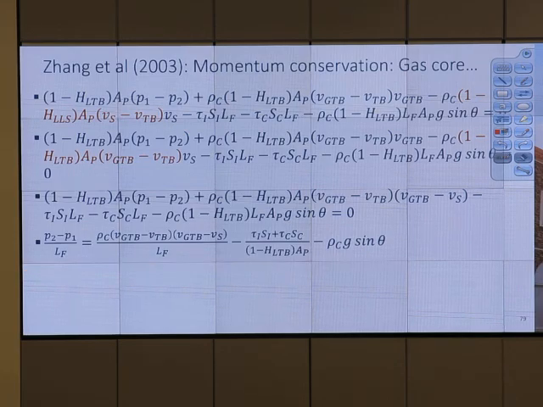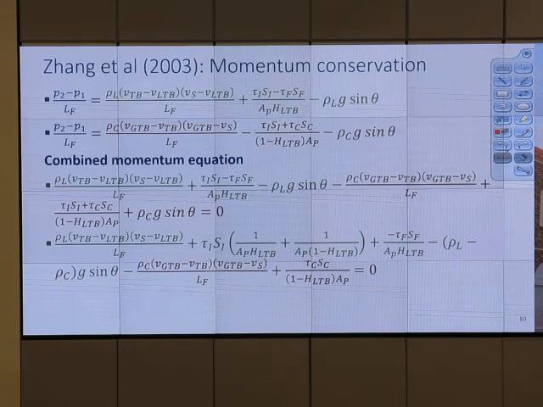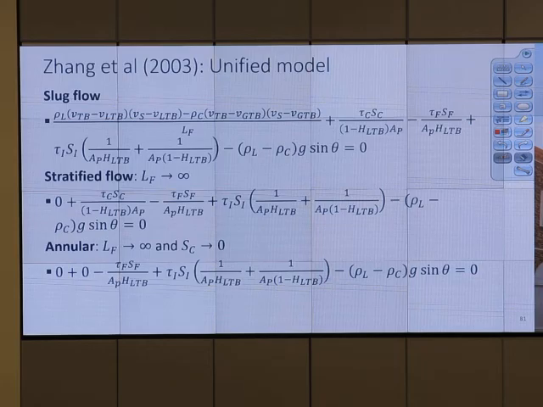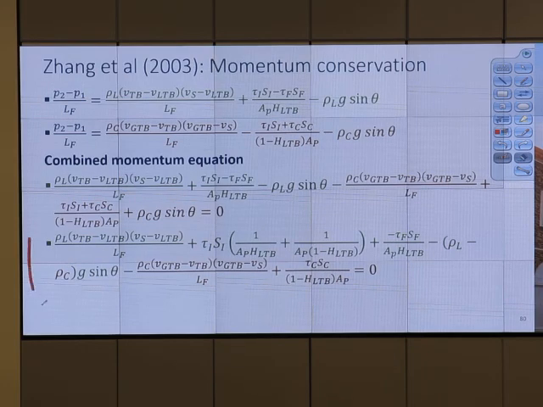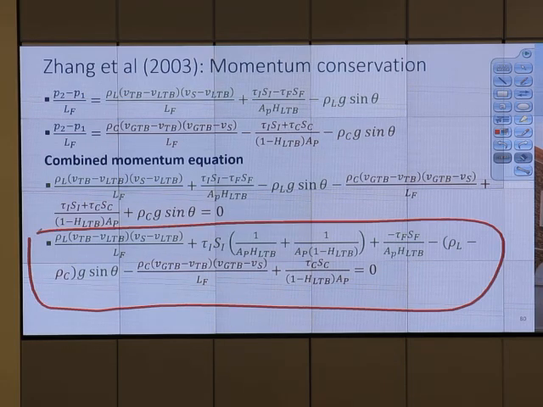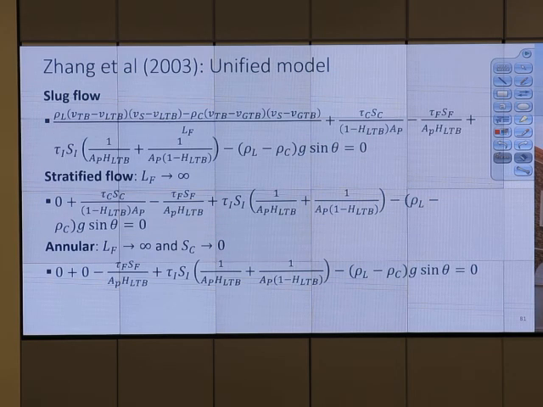Now same trick for the combined momentum equation. We try to eliminate that term, dP/dz. So this minus this makes those two cancel, and rearrange it. We get this equation. That's the combined momentum equation. If you want to do slug flow, we don't need to do anything.